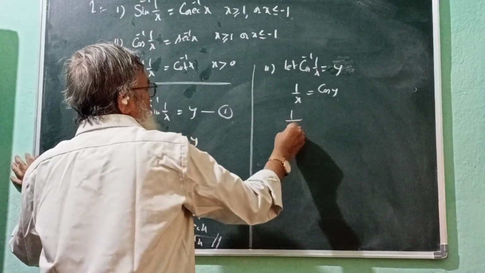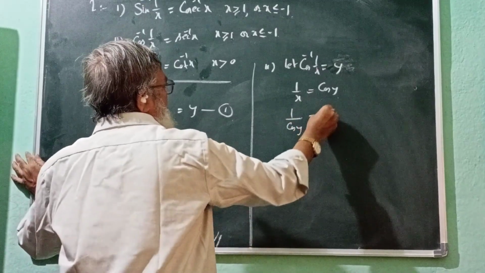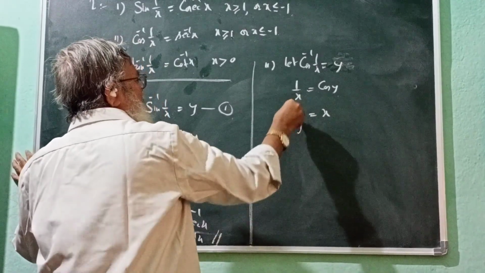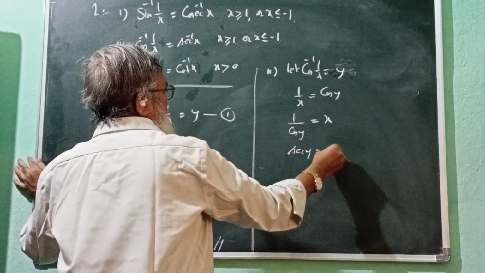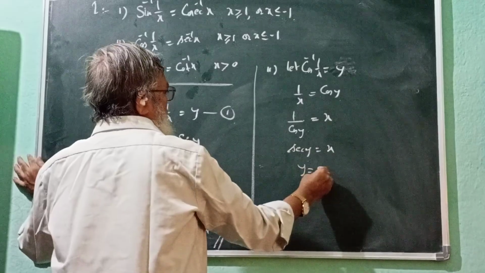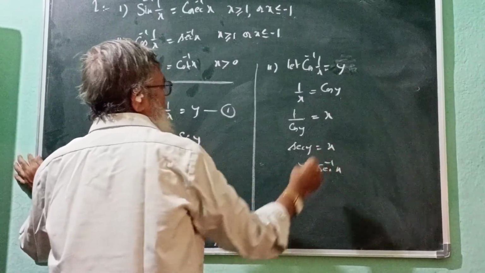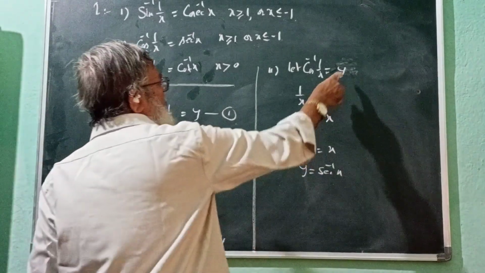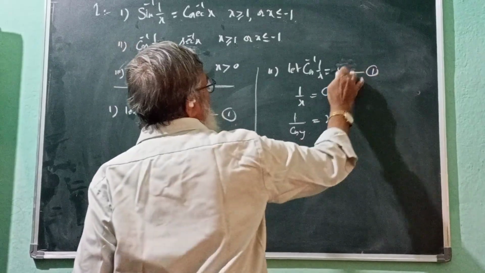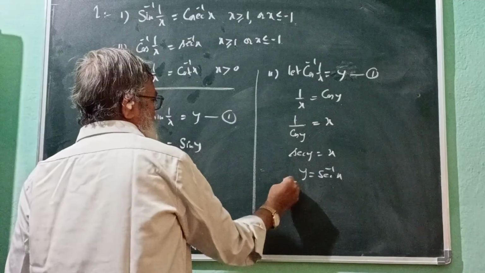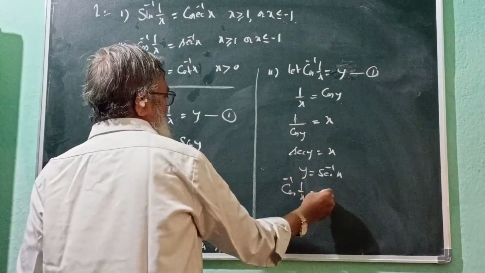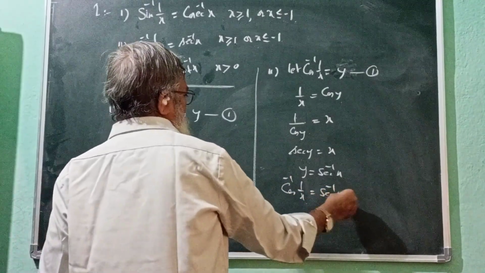Cross multiplication: 1 by cos y is equal to x. 1 by cos means what? Sec y. Sec y is equal to x, or y is equal to sec inverse of x. But the value of y from equation 1 is cos inverse 1 by x. We substitute here: cos inverse 1 by x is equal to sec inverse x.